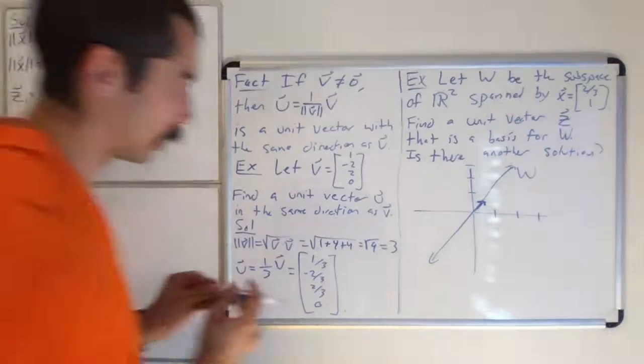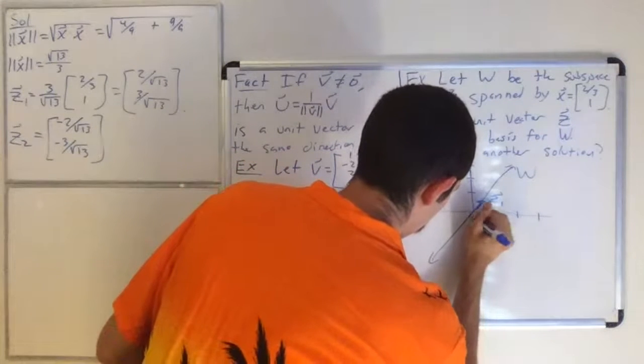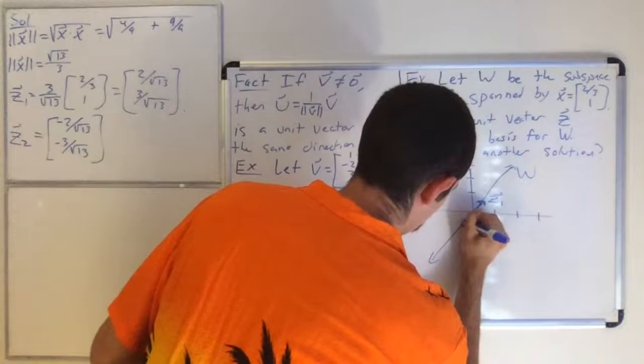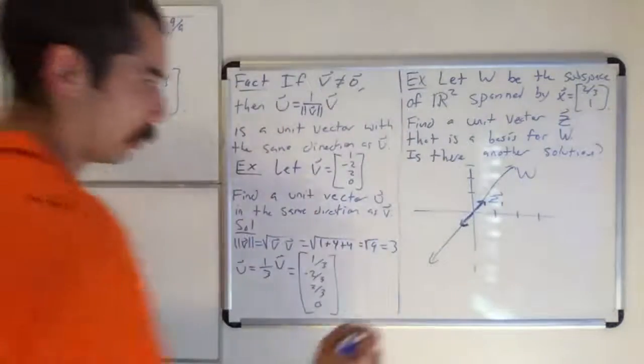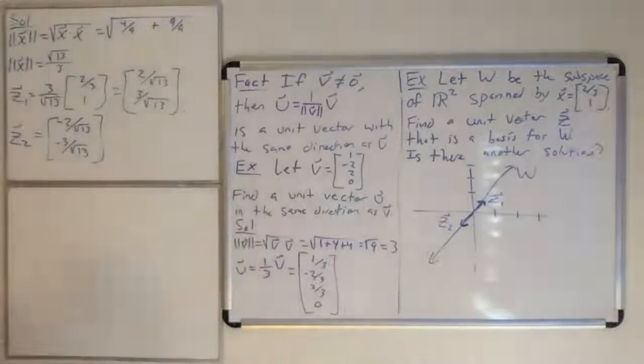Right, and so that would look like this. This is the vector z1. The one in this direction also spans W, also is a unit vector.